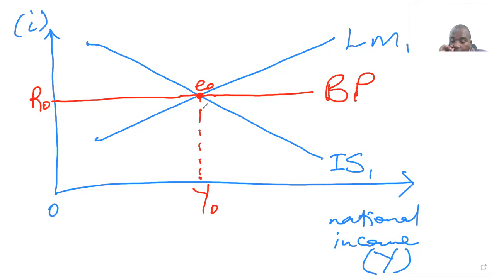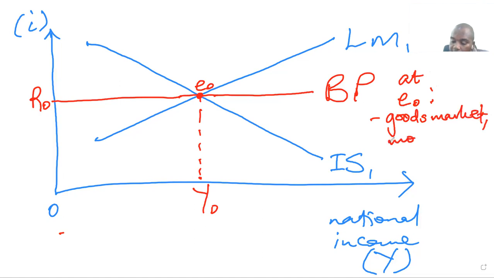And this general equilibrium is such that at E0, we have goods market equilibrium, money market equilibrium, and external equilibrium.